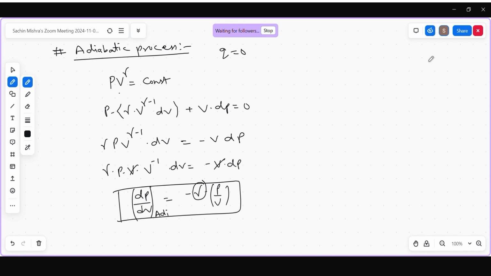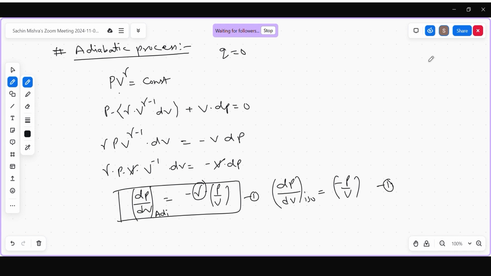And as we have discussed previously, for the isothermal process we got dP by dV equal to minus P by V. So by equations 1 and 2, we can observe the adiabatic curve is gamma times steeper than the isothermal curve. I hope everyone is okay. It means the slope of the adiabatic curve on the PV diagram is gamma times more than the isothermal curve. Clear? Let's move to the next concept.